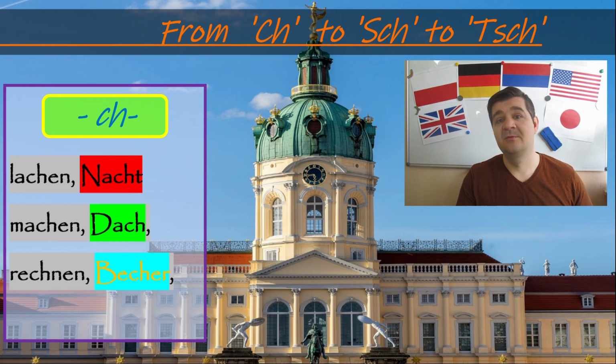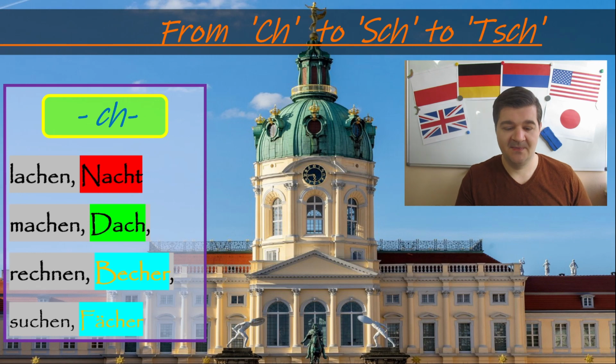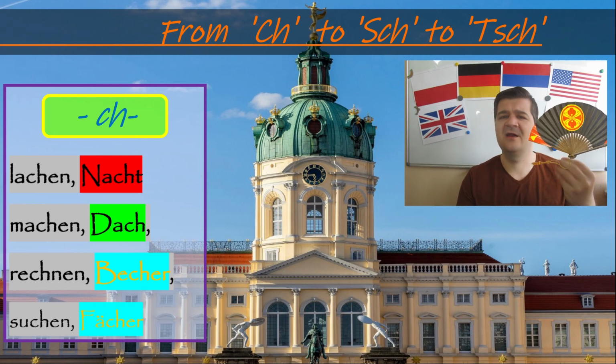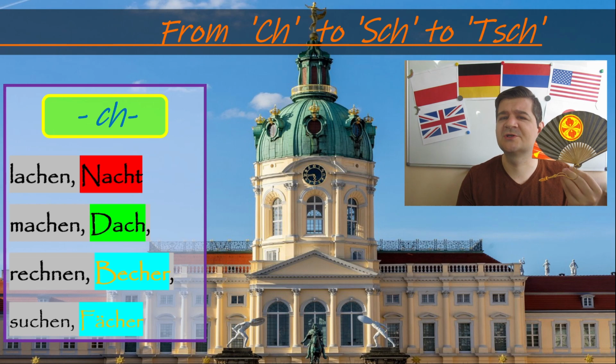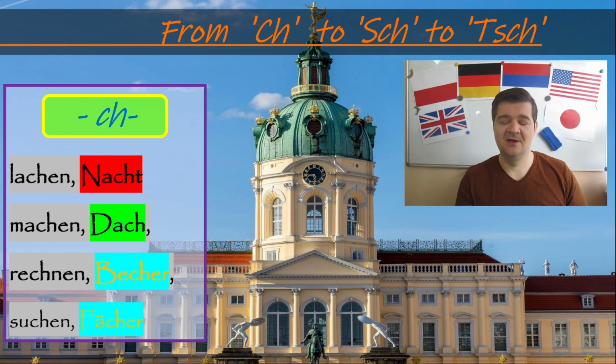So let us proceed. Suchen, to search, and der Fächer, which is the thing that you need if you need air, I don't know what it is in English, but you will know if you just Google it up. Again, same type of doing the plural number.